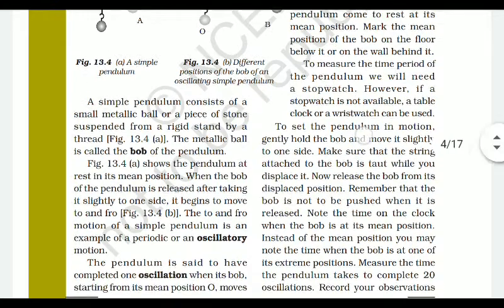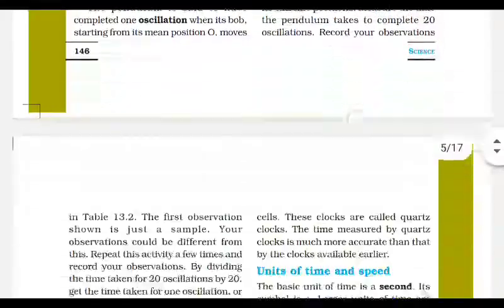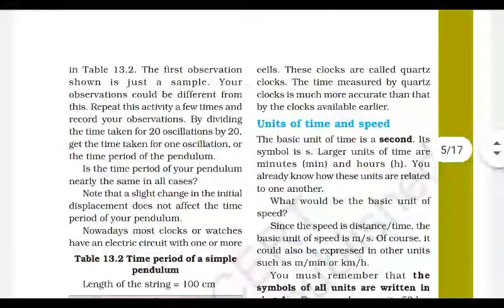Measure the time the pendulum takes to complete 20 oscillations. Record your observation in Table 13.2. The first observation shown is just a sample. Your observation could be different from this. Repeat this activity a few times and record your observations.